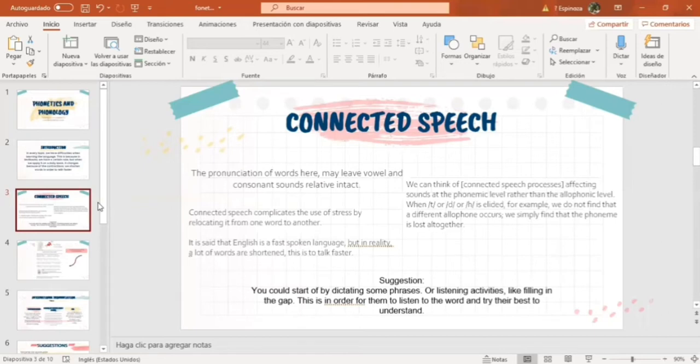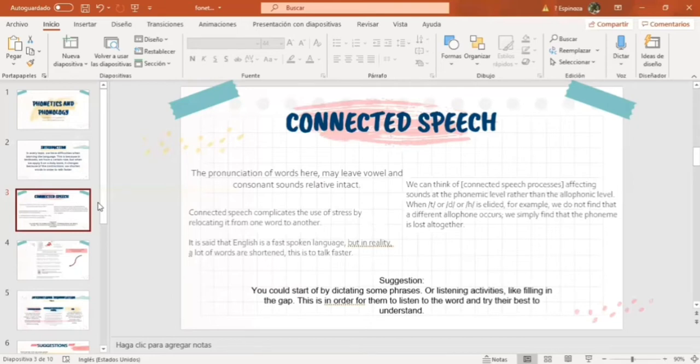We can think of connected speech processes affecting the sounds at the phonemic level rather than the allophonic level when T or D or H is elided. For example, we do not find that a different allophone occurs; we simply find that the phoneme is lost altogether.